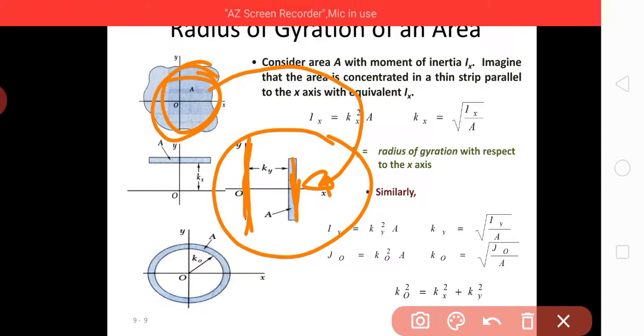Its importance, as discussed in the earlier slide, is that if we know its radius of gyration and its mass and area, without knowing its shape, then we can find out very easily its moment of inertia about that axis or reference line.